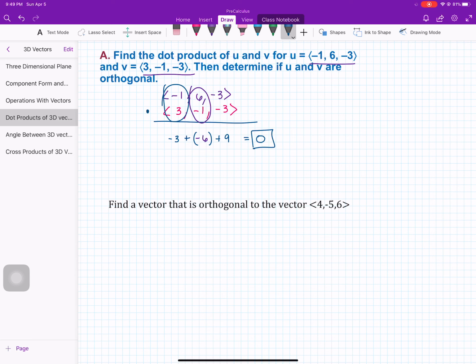So the dot product of these two vectors is 0. Since the dot product is 0, then you have orthogonal vectors. If we had gotten any number besides 0, we would not be orthogonal.